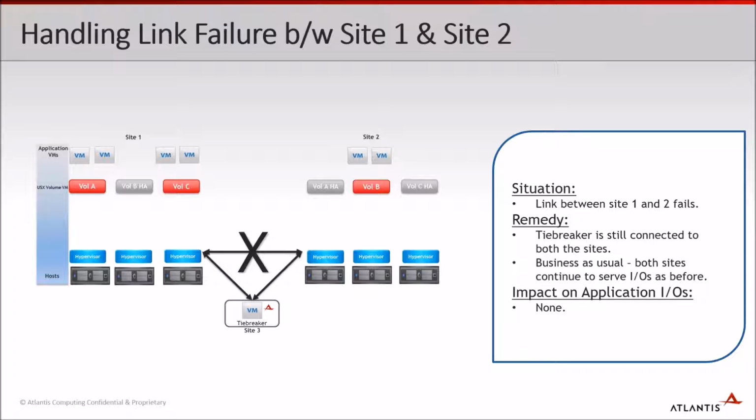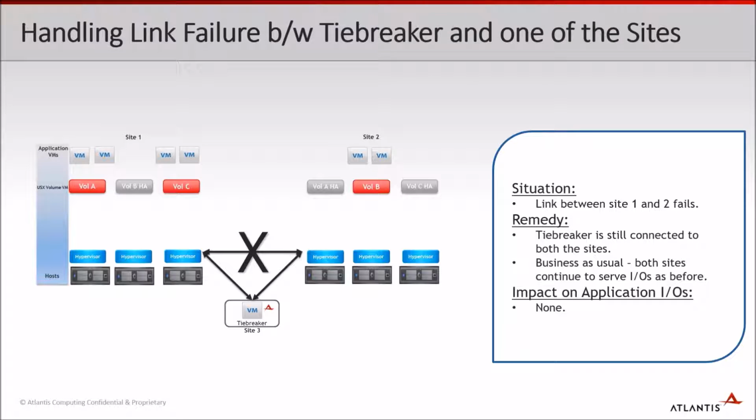If we were to encounter a scenario where one of the nodes were to fail, then there are several possibilities, and all of this happens automatically on its own. So I'm just describing it for the sake of knowledge.